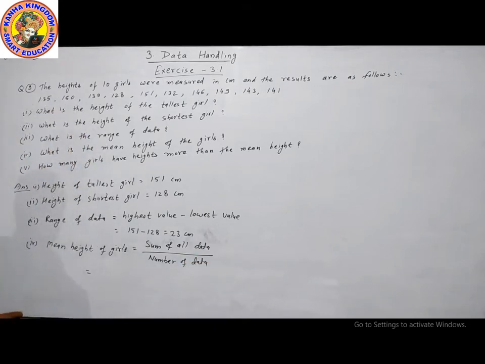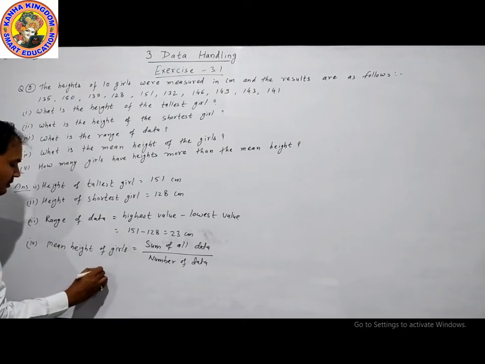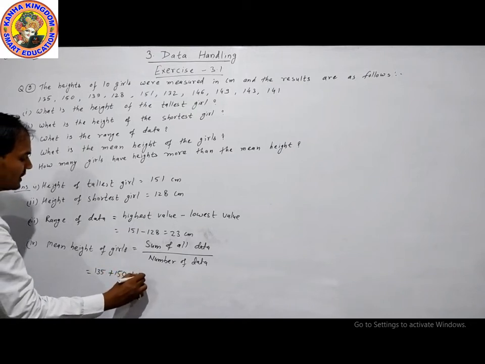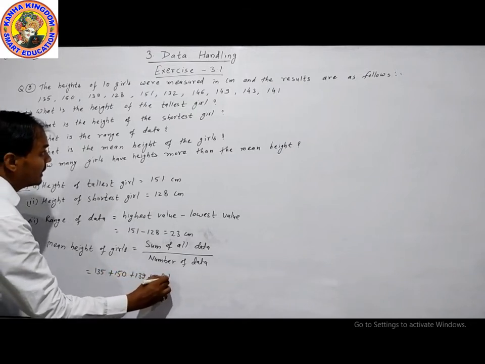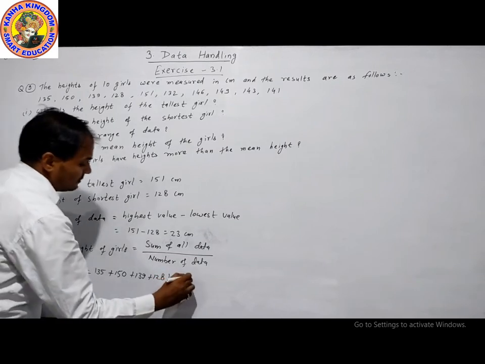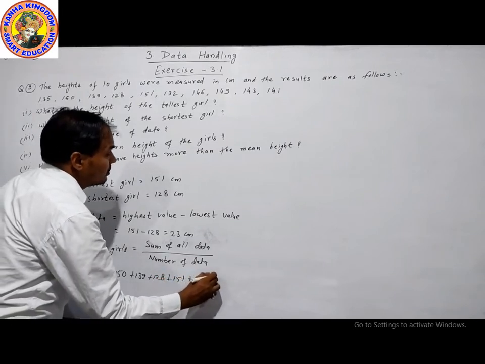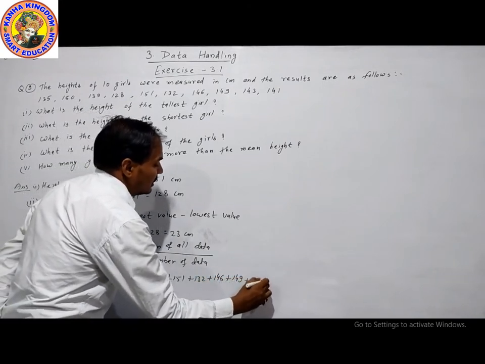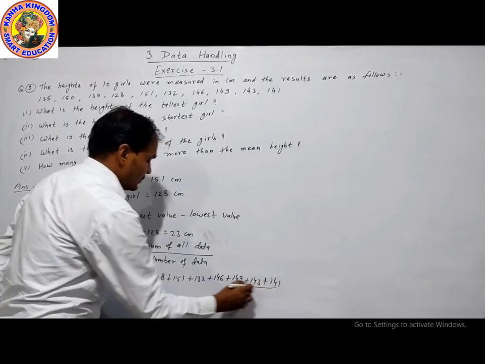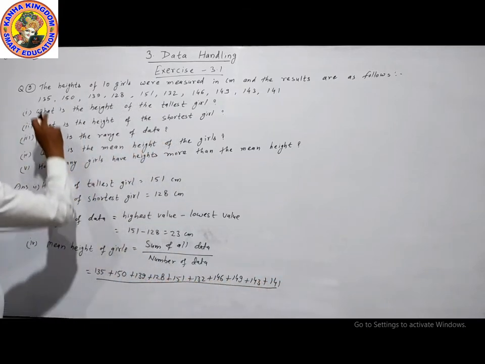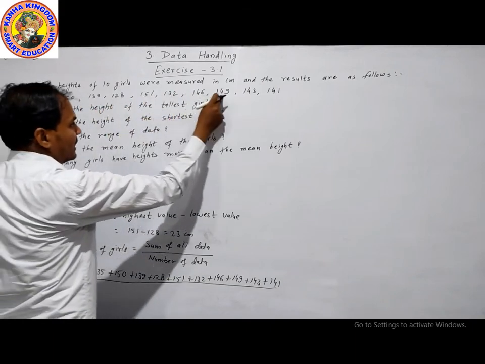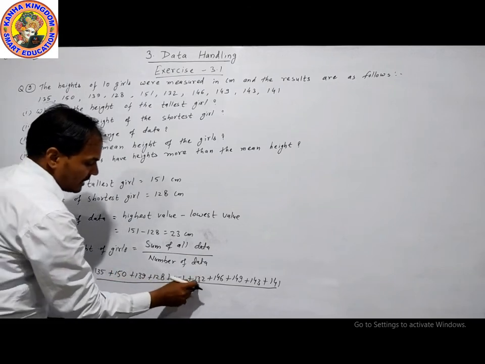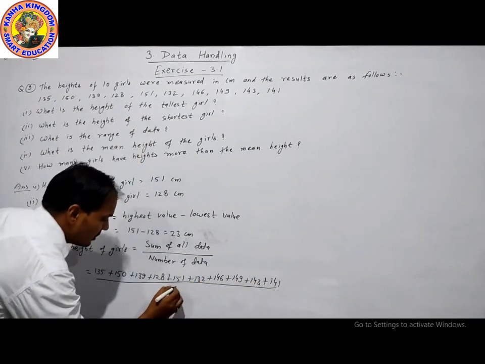Now taking the sum of all data: 135, 150, 139, 128, 151, 132, 146, 149, 143, 141. Divide by the number of data: 1, 2, 3, 4, 5, 6, 7, 8, 9, 10. 10 girls, so divide by 10.